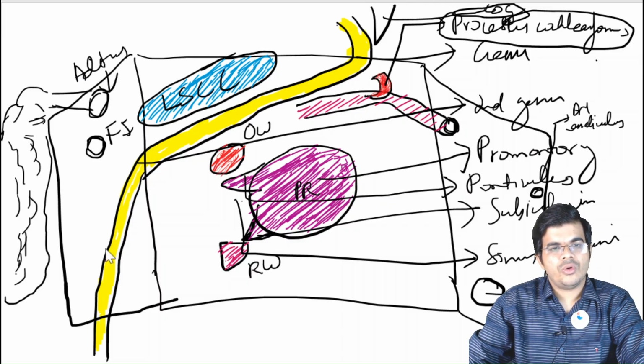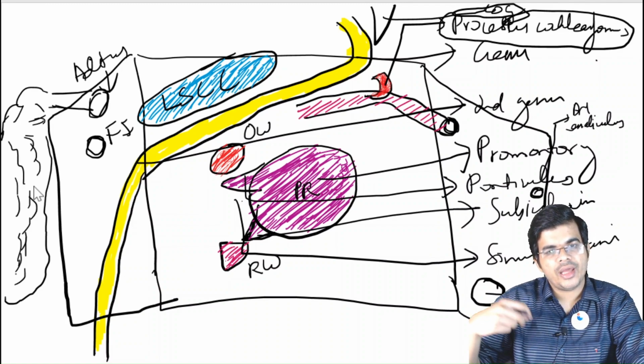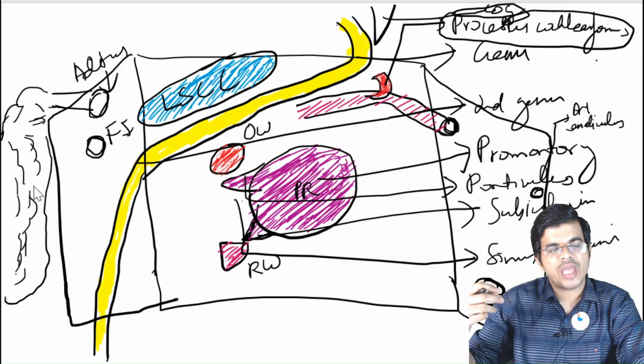Now, what else do you have here? Here you have one more opening, the opening through which the chorda tympani enters the middle ear. Before exiting the middle ear, it has to enter, right? How does it enter? It enters through a gap between the lateral wall and the posterior wall, and that gap is known as the posterior canaliculus.